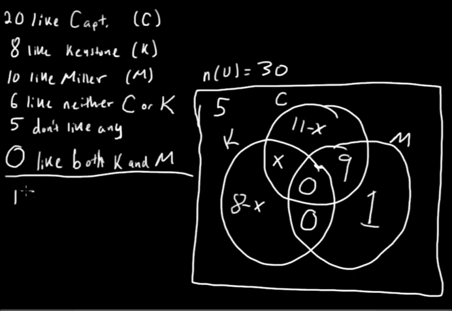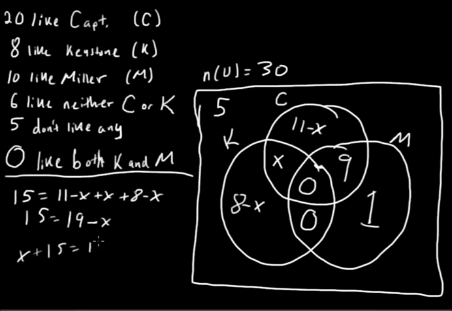Okay, 15 equals 11 minus x plus 8 minus x, and we can simplify that to 19 minus x. 15 equals 19 minus x, and then we could add x to this side, and that would give us x plus 15 equals 19, and then we could subtract 15, and that will give us x equals 4.